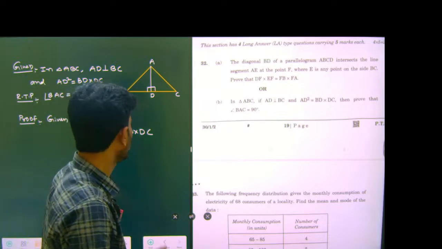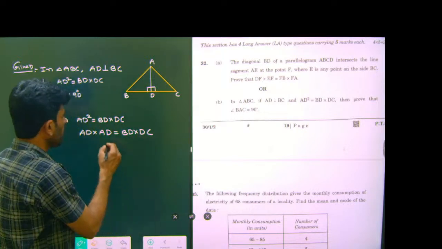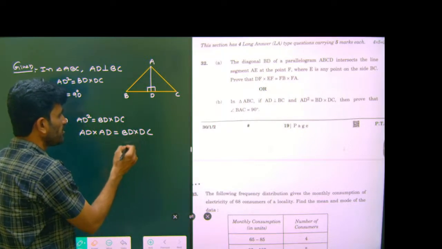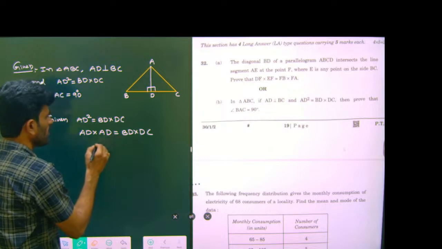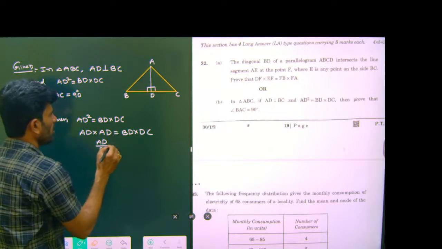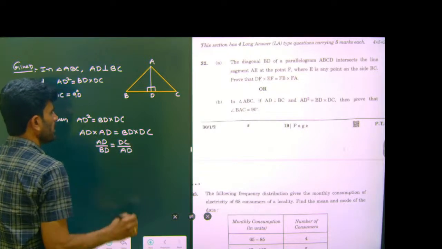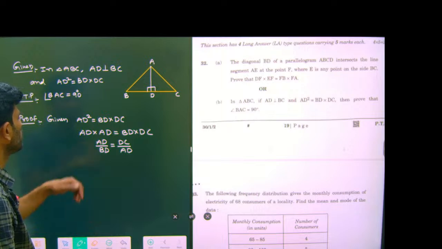Then one AD you send that side and BD you send this side. Then we get AD by BD is equal to DC by AD.